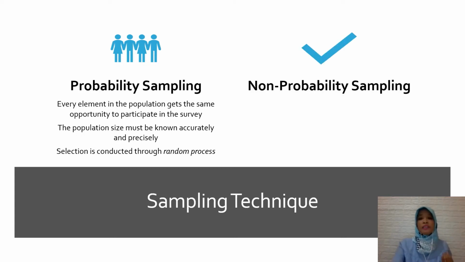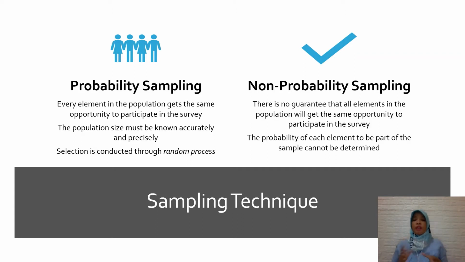The second sampling technique is non-probability sampling. In non-probability sampling, this is basically the opposite of probability sampling. Probability versus non-probability sampling, so that's easy. They are opposites of each other.